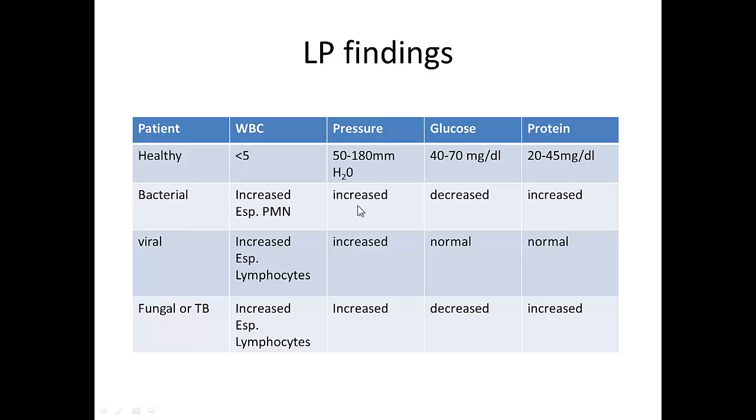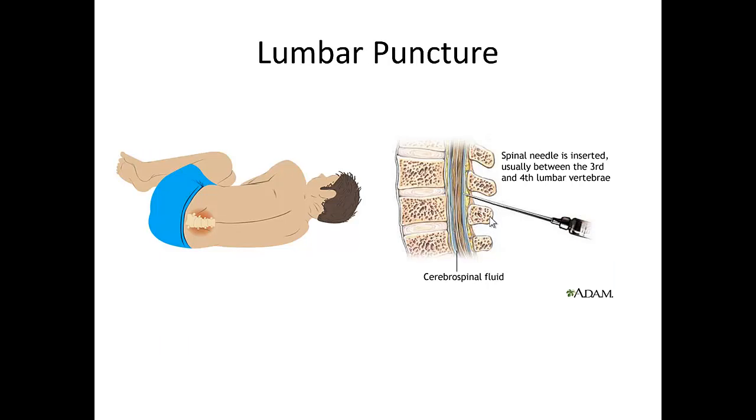You have increased pressure because of all the activity. You'll have decreased glucose because the bacteria is using that. And you will have increased protein, accounting for the cell wall of all those bacteria. This is basically how a lumbar puncture is done, and see that it's done between the third and fourth vertebrae in the lumbar region because the spinal cord stops at L2.